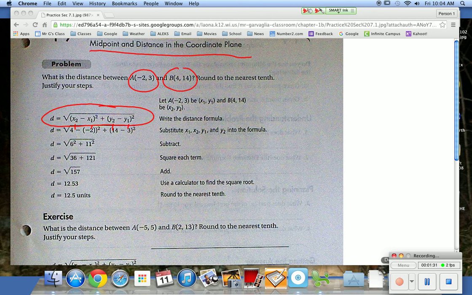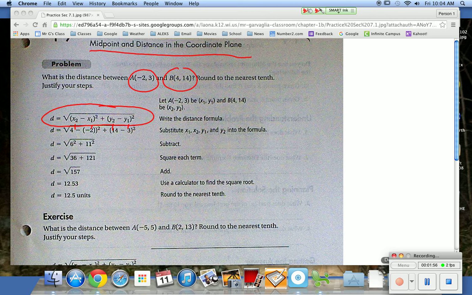So we're working off two separate coordinates, and you put in your x1 and y1s, x2 and y2s. But here's what I want you to notice. You don't necessarily have to remember that x2 goes before x1. You can reverse those around if you want.